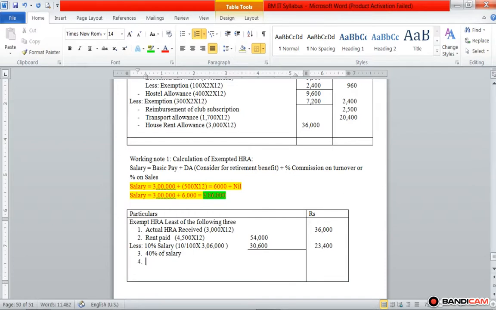Why do we consider 40%? Because Mrs. Jamdade works in Pune city.